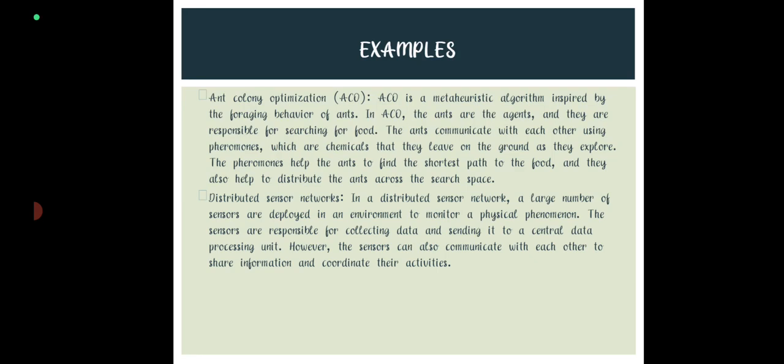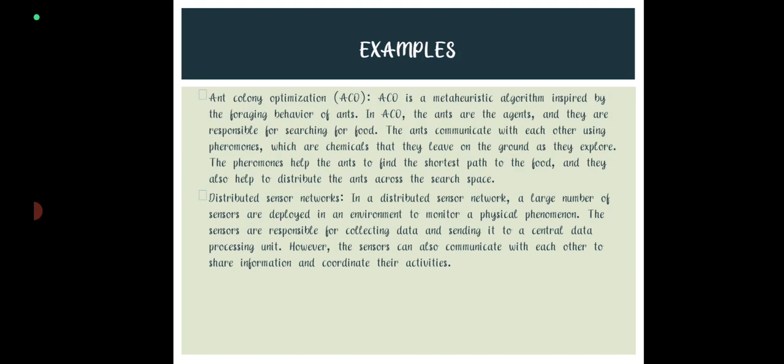The second one is a decentralized DPS example: distributed sensor network. In a distributed sensor network, a large number of sensors are deployed in an environment to monitor a physical phenomenon. The sensors are responsible for collecting data and sending it to the central data processing unit.